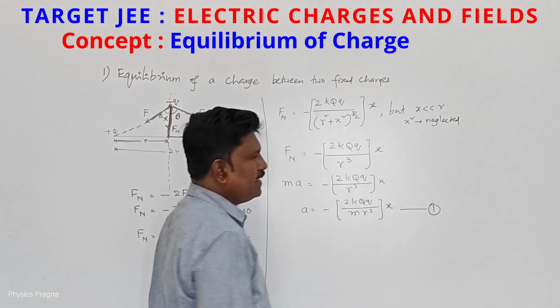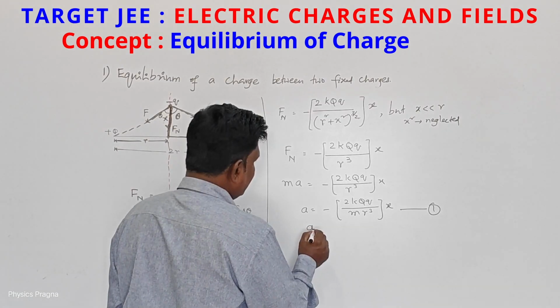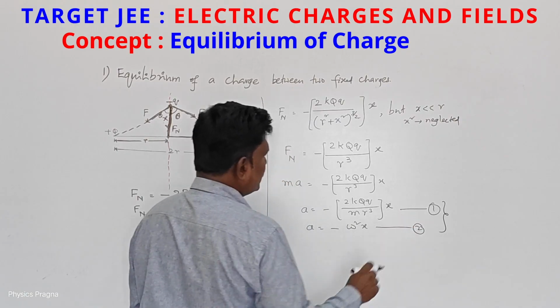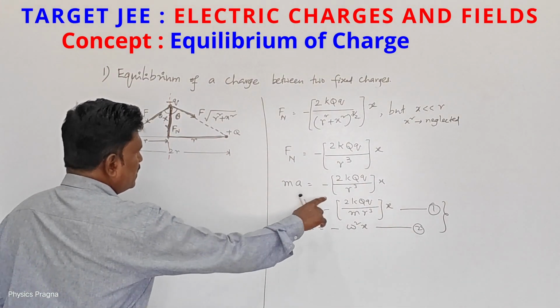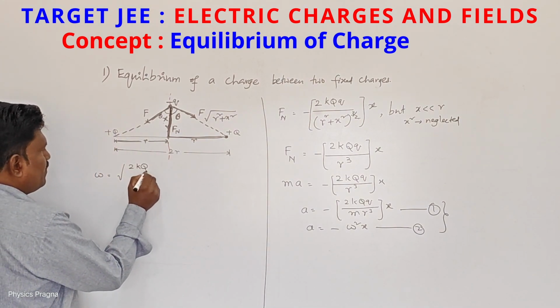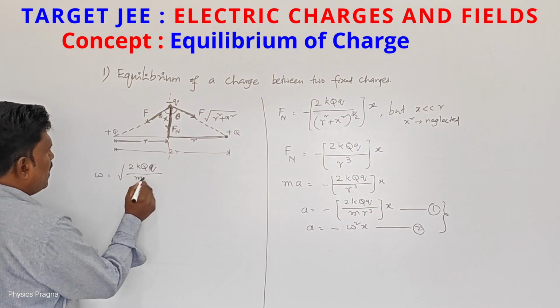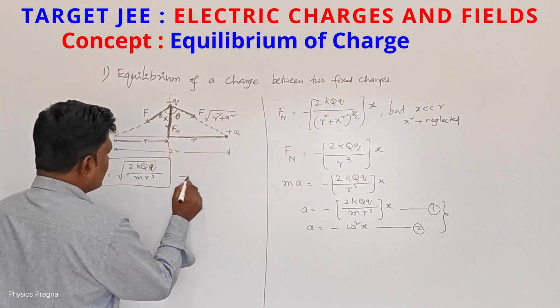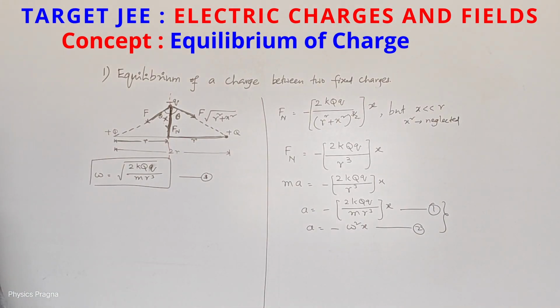As it is executing SHM, the simple harmonic oscillator acceleration is minus omega square x. So by comparing both of them, omega is root of 2 k capital Q small q by m r cube. This is the angular frequency of the oscillator.